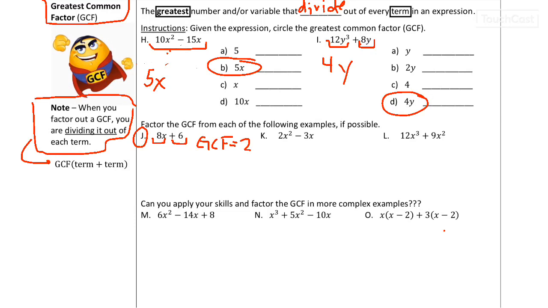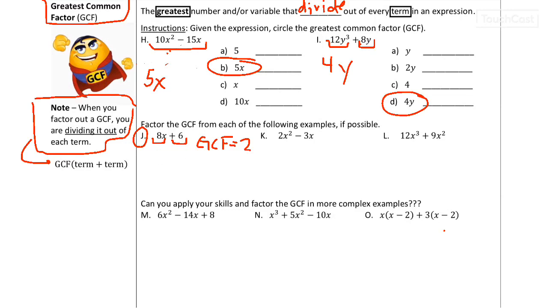Okay? Now looking at the terms, we can't forget the variables. The first term has an x, but the second term does not, which means we do not have a variable GCF. So our GCF is just 2.